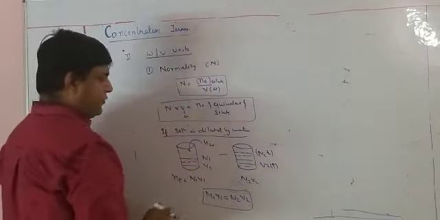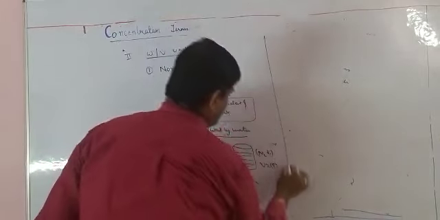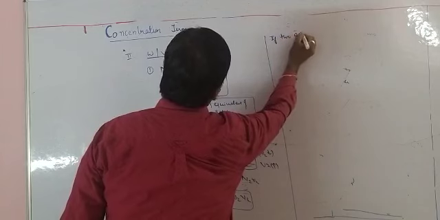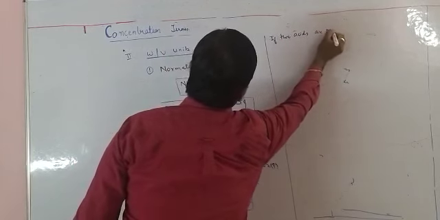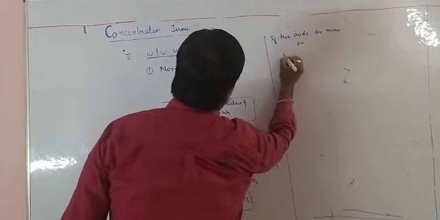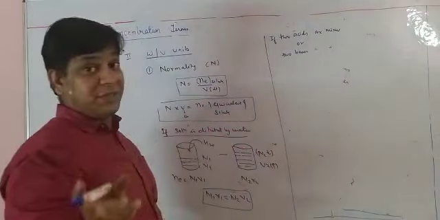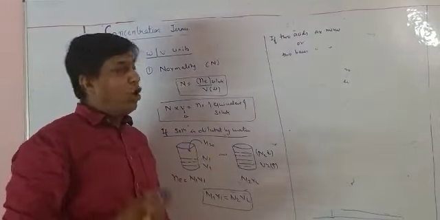Now see, if we are discussing the question in this way, if two acids are mixed or two bases are mixed together. We are not mixing acid and base, we are mixing two acids or two bases.